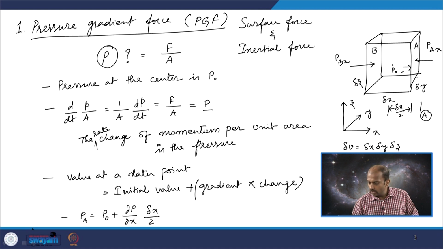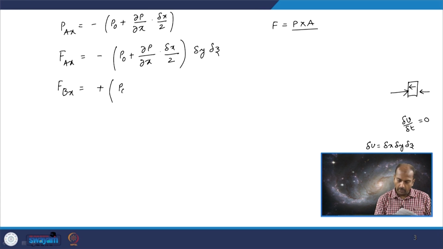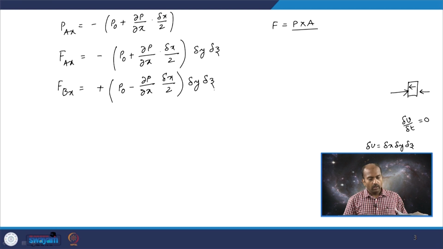The area of this plate is delta y and delta z, right. Similarly, the force that is acting on the other side is simply plus P naught minus dou P by dou x into delta x by 2 times delta y delta z. Okay. Now, this is the x component of the force.